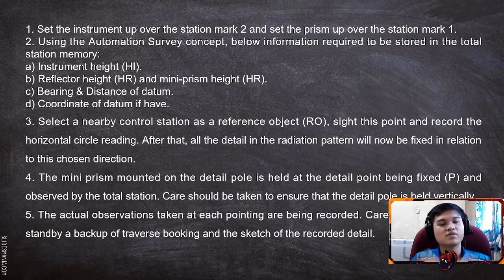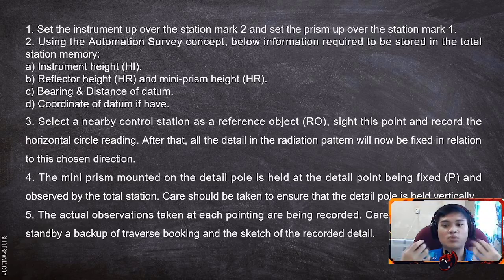After you fill in the information in total station memory, thirdly you need to select a nearby control station as a reference object, or sight this point, and record the horizontal circle reading.